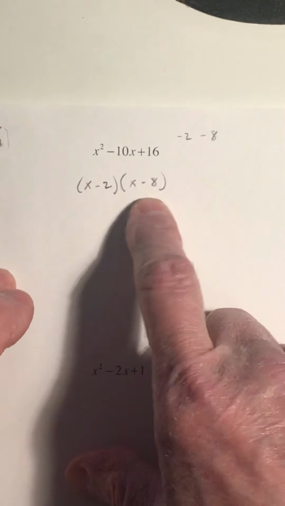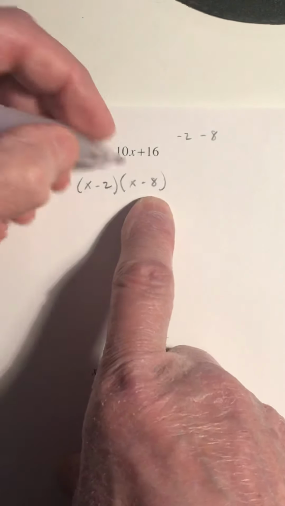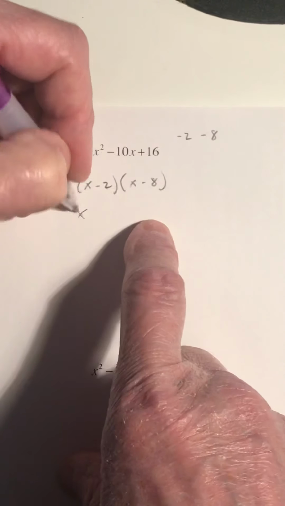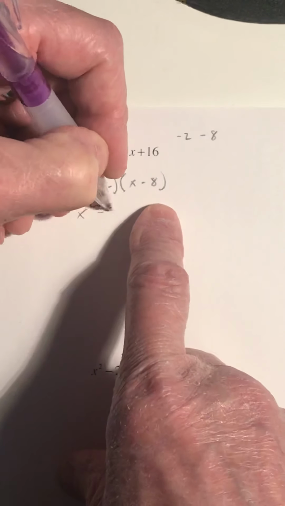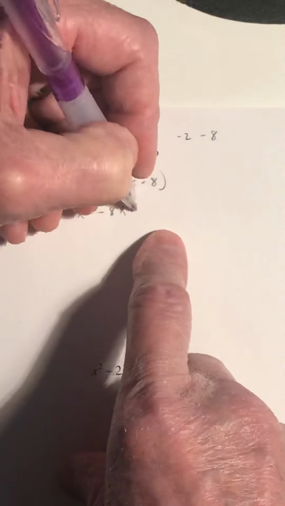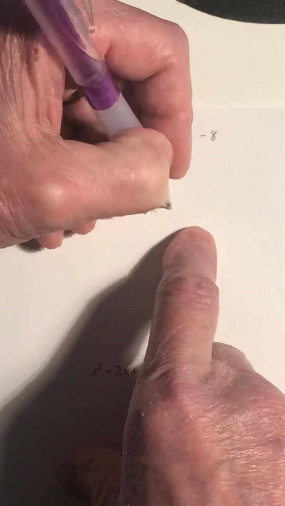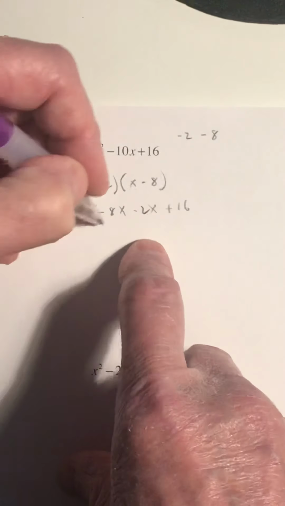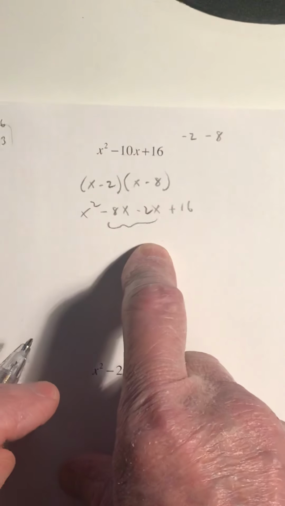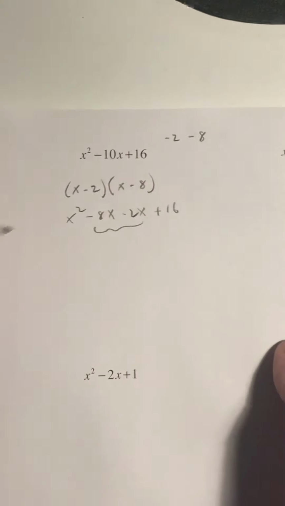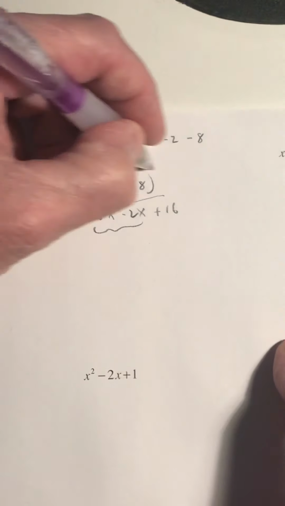That's the answer. And just for the doubters, x times x, x squared, minus 8x, minus 2x, plus 16. There's the minus 10x in the middle.